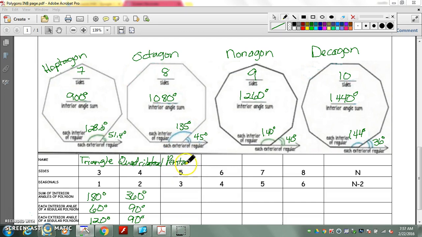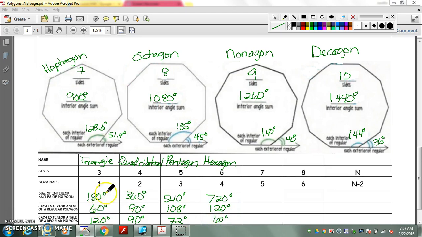Our 5-sided figure was a pentagon. We got 540 degrees. Each interior was 108 degrees, and each exterior was 72 degrees. We have our hexagon. Our sum was 720 degrees. Each one was 120 degrees on the inside and 60 degrees on the outside.